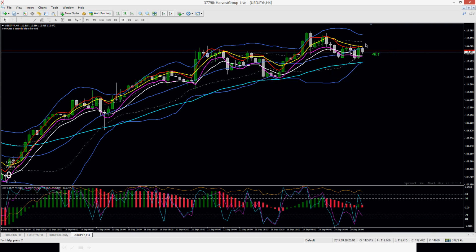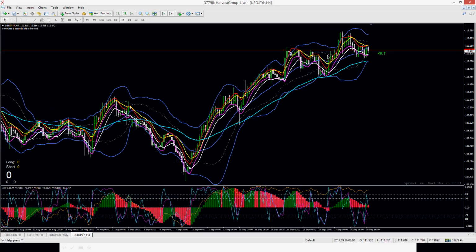So there's a possibility that this is a re-entry sell. Okay, so this tells me the price might go down, and the Bollinger Band is still sideways. It's sideways over here.